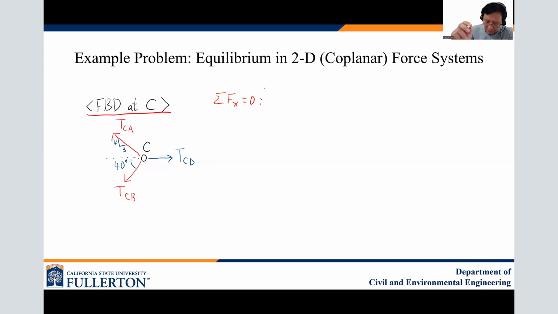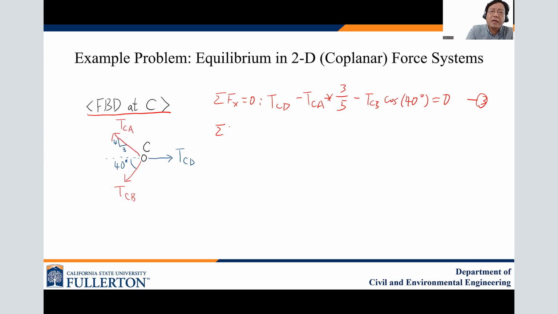So that is TCD minus TCA times 3/5 minus TCB cosine 40 degrees equals 0. So that is equation number 3.